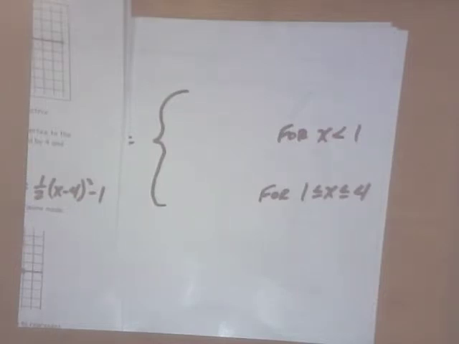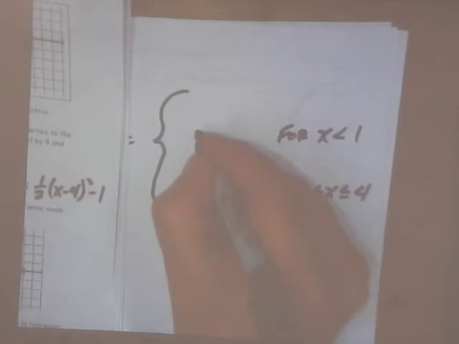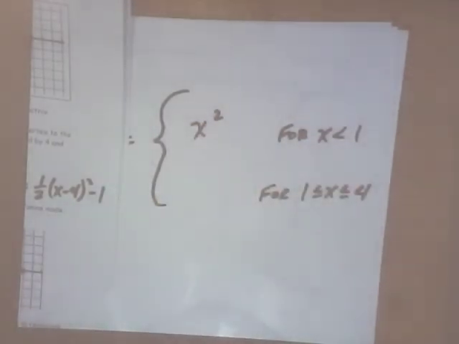Okay, so what's the equation of that first graph? Any guesses? X squared. Yeah. It's a parabola with a vertex at 0, 0, right?